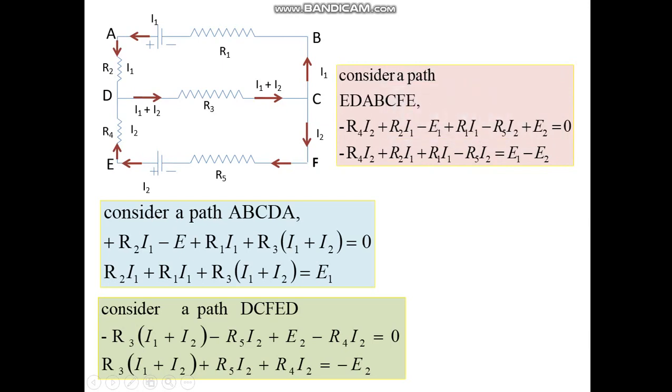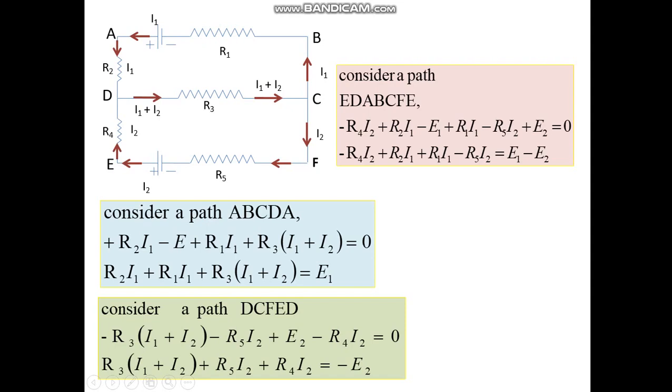Now let us consider the path EDABCFE. In the same way we can write minus R4I2 plus R2I1 minus E1 plus R1I1 minus R5I2 plus E2 is equal to 0.